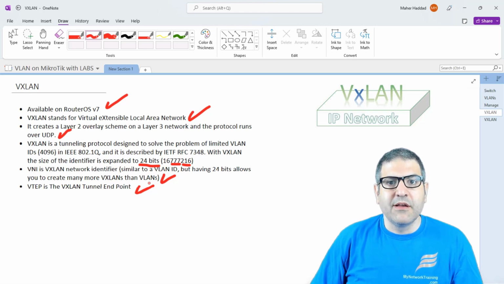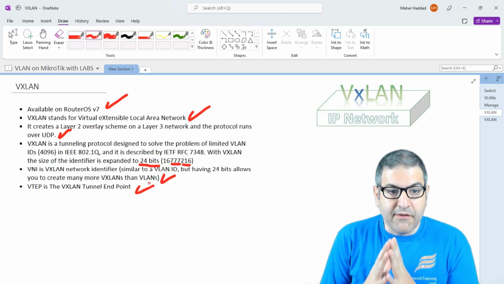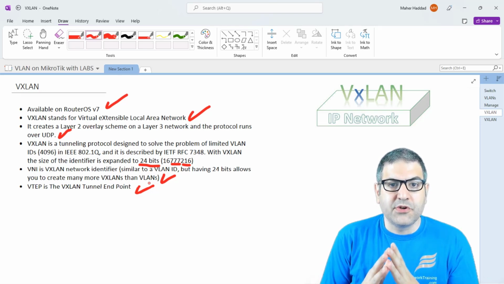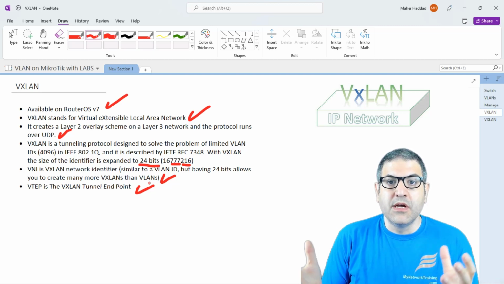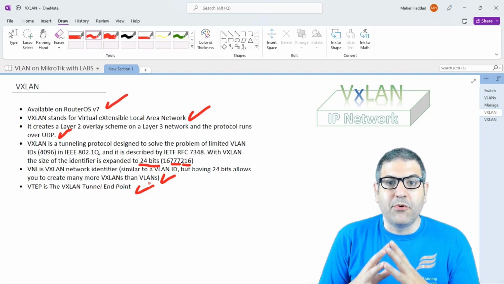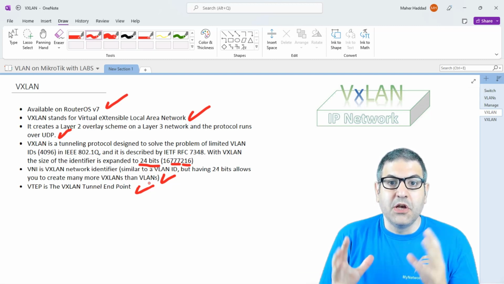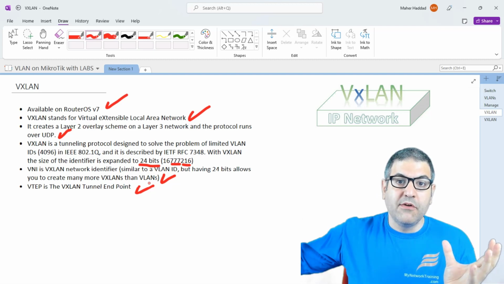So in brief, VXLAN, the virtual extensible local area network, has a mission to provide layer 2 connectivity over layer 3. This is very important for ISPs.